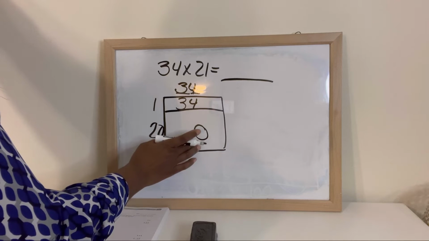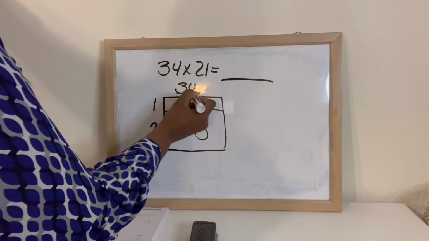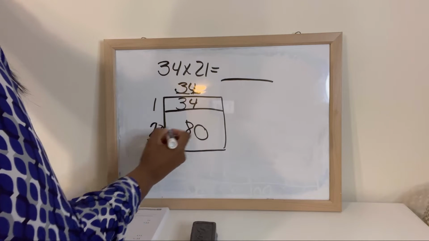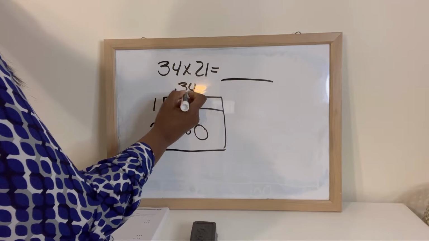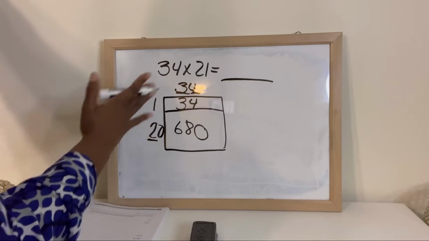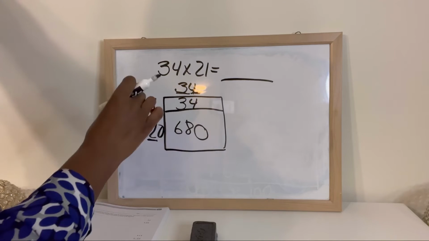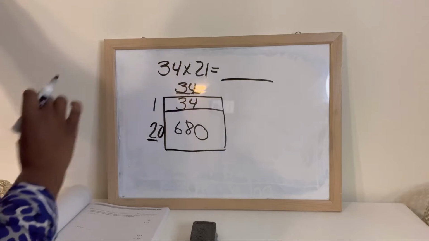Now that we have our 0 inserted, we're just going to do 2 times 4 is 8. 2 times this 3 is 6. So now we have 2 partial products, and now the students are asked to do the standard algorithm.